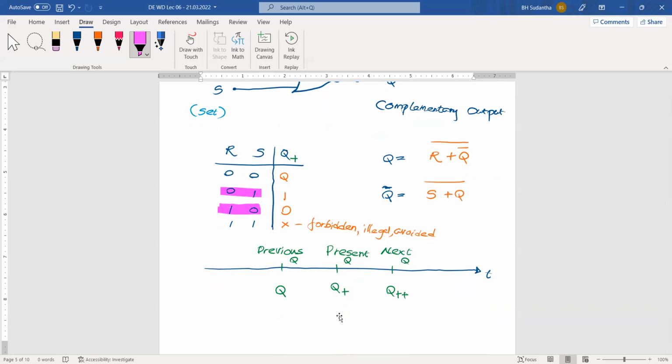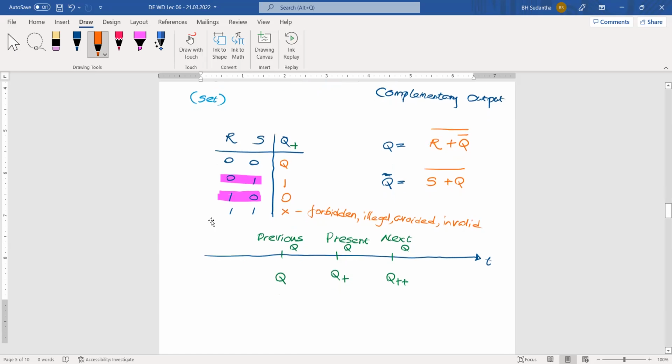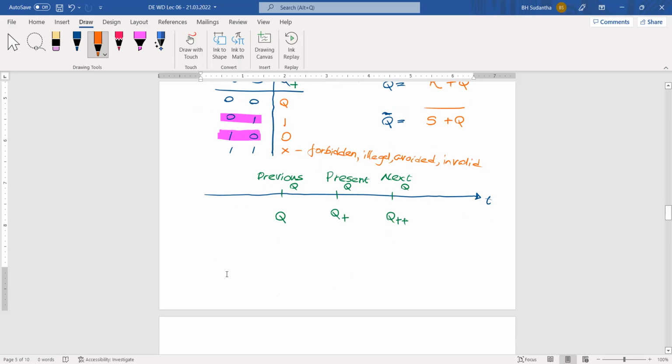For the present value we say it's Q plus, the previous value is Q. But this 1-1 combination is not a valid combination. It's an invalid combination. Because of that, this one should be avoided. Is it okay?